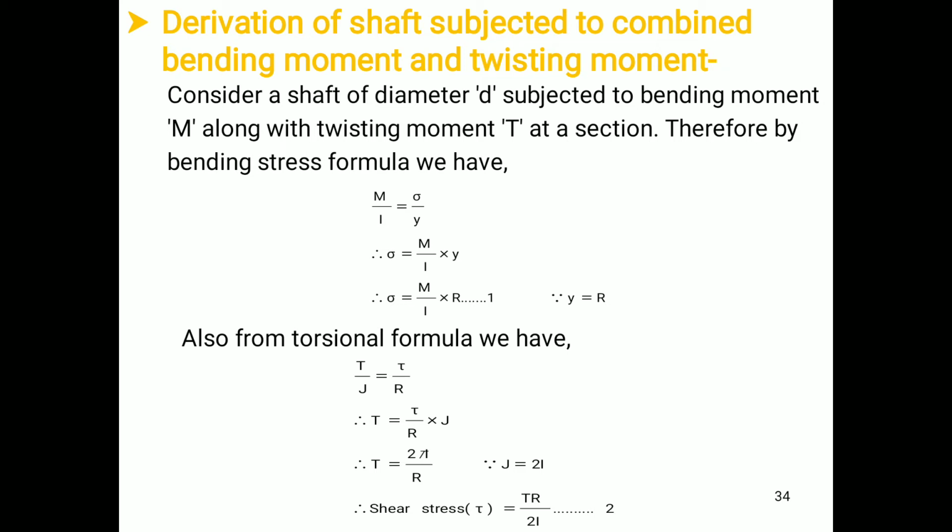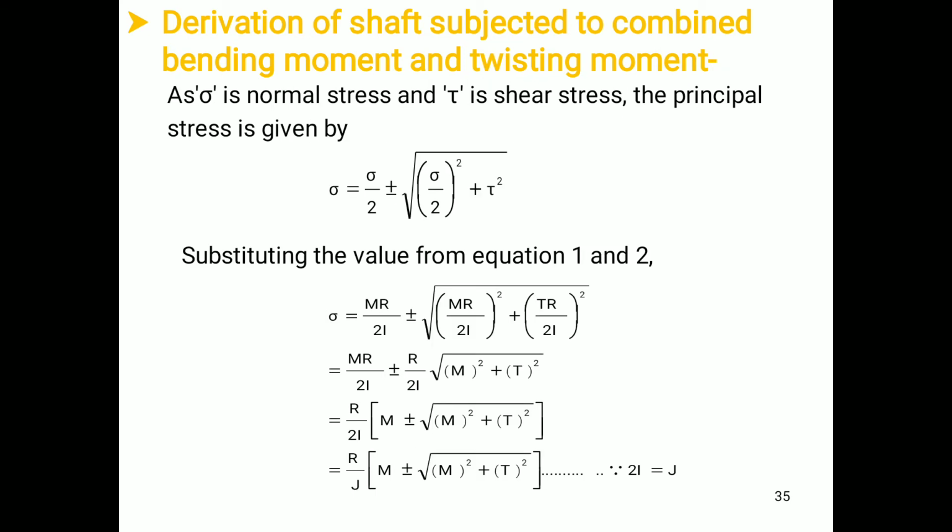Okay, so as sigma is the normal stress and tau is the shear stress, the principal stress can be given by this formula: sigma is equal to sigma by 2 plus minus under root of (sigma by 2) square plus tau square. Whatever values we have found for sigma and tau, we substitute into this equation, that is, substituting the values from equations 1 and 2.